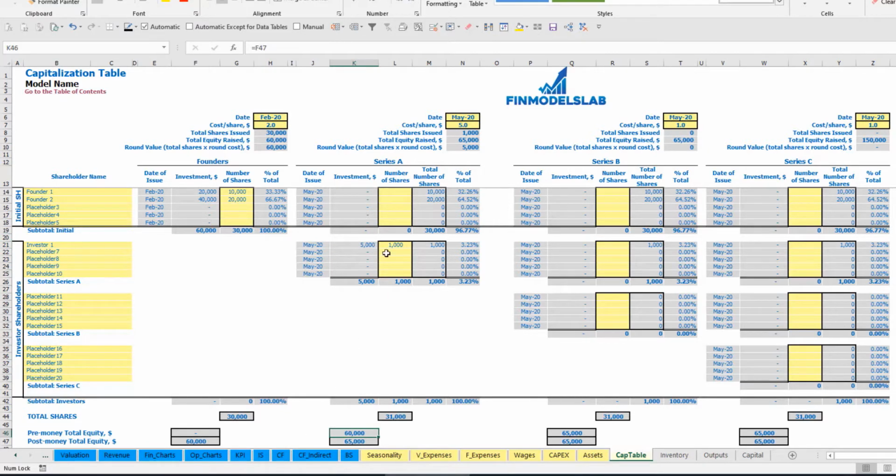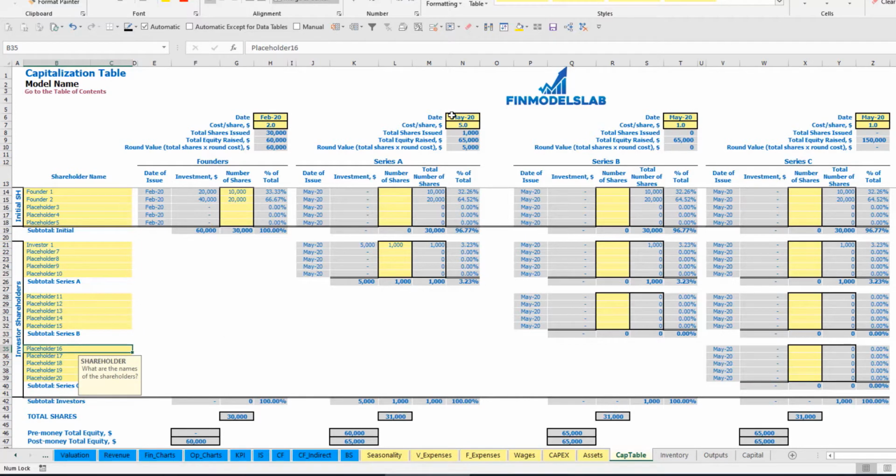You may see that before the Series A total equity was $60,000, after $65,000, and investor 1 will have 3.23% of shares, and the shares of founder 1 and founder 2 are also diluted, to 32.26 and 46.52%.